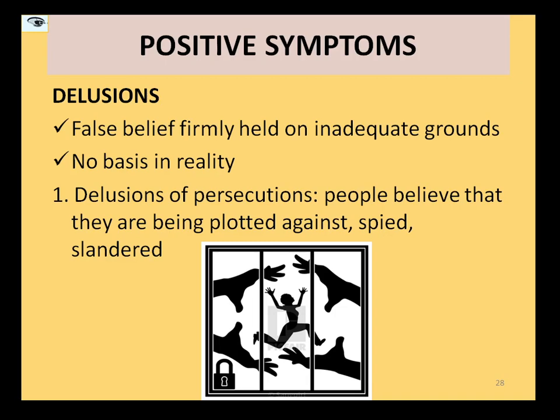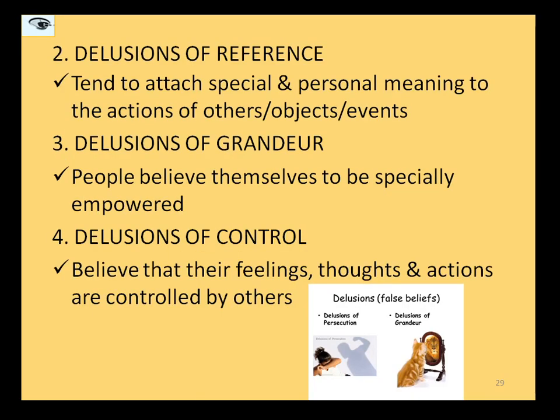People actually start believing like that. When we talk about delusion of reference, people battling this kind of delusion attach special and quite personal meaning to the actions of others, and even to the events that take place.